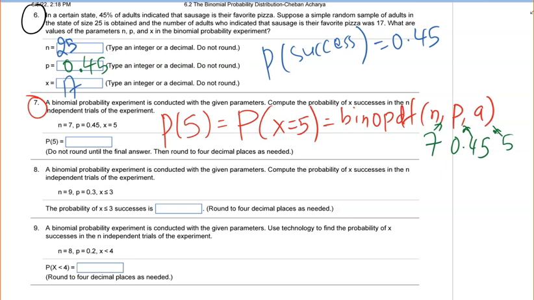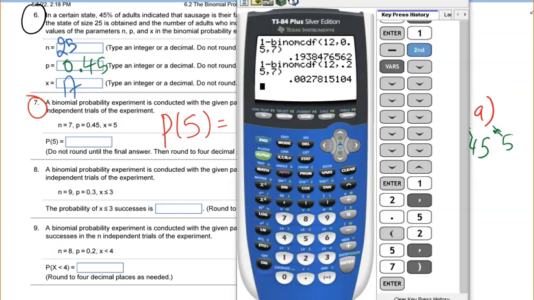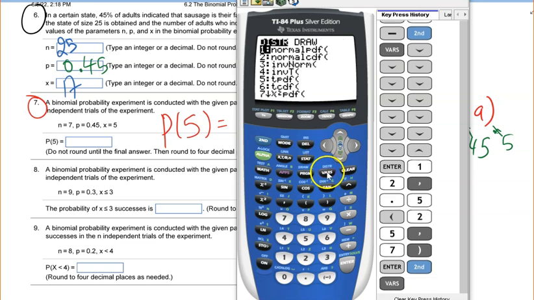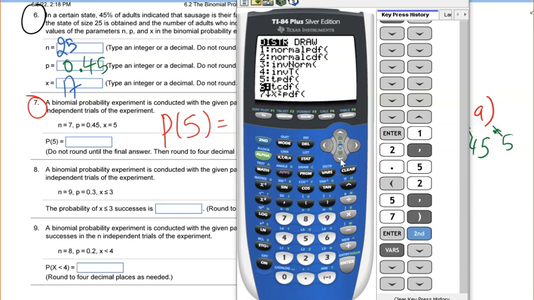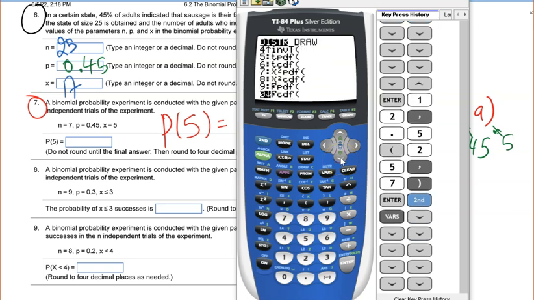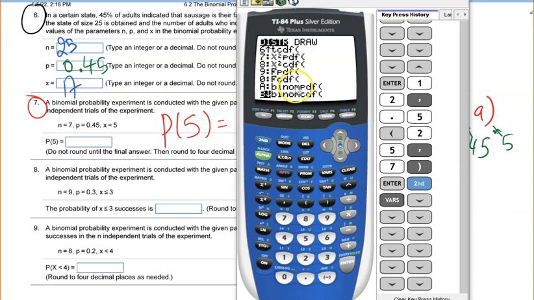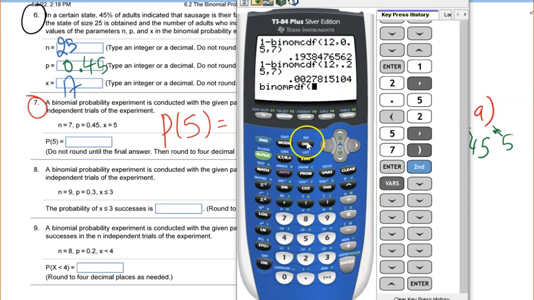Now again, you go to the calculator, you do 2nd, and you do VARS, find binomial PDF, which is just next to CDF, above CDF. Okay, here you go. See, binomial PDF, which is A, highlight A, click, and you put the numbers.